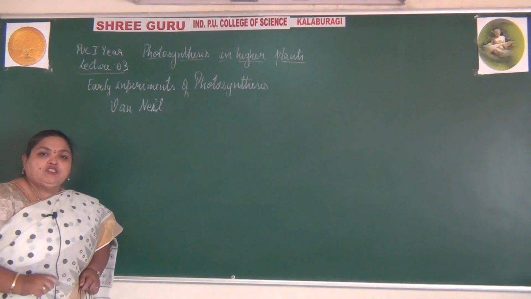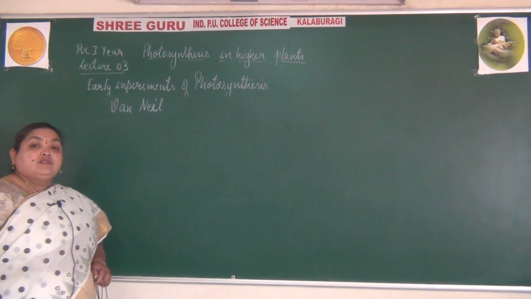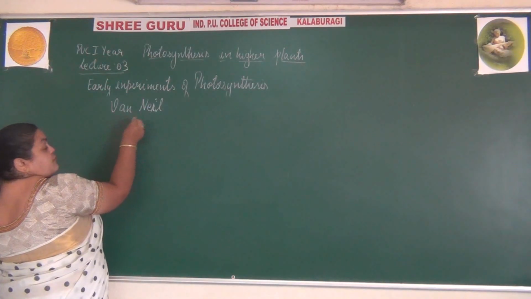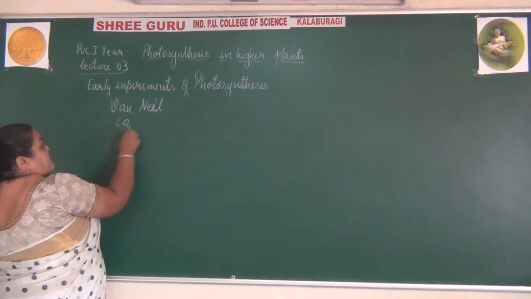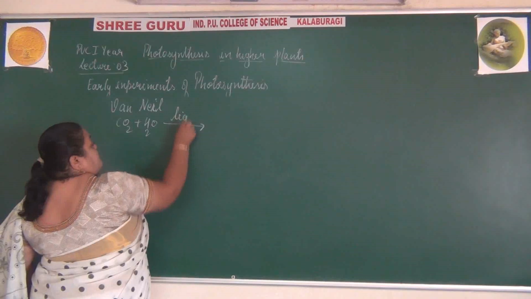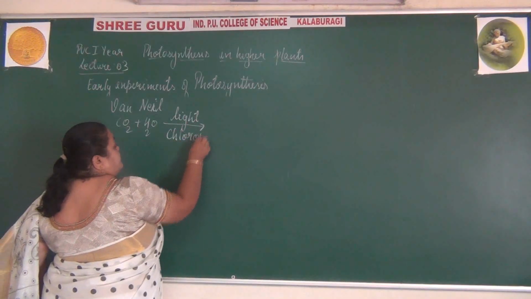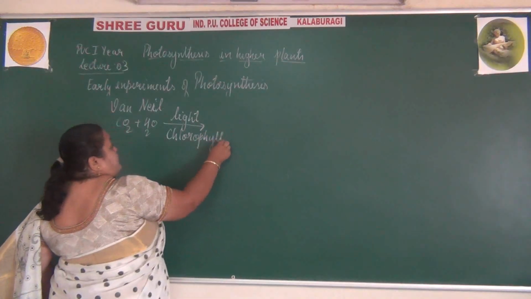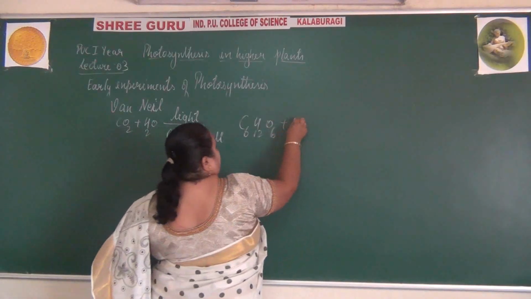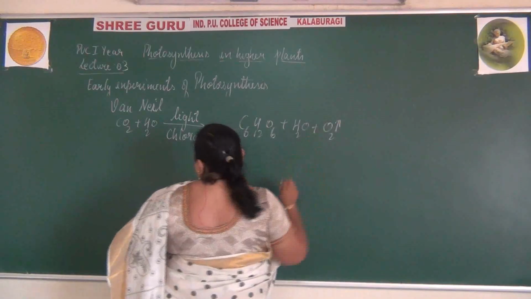Look at the equation of photosynthesis: carbon dioxide plus water in the presence of light and chlorophyll produces glucose with the release of water and oxygen.